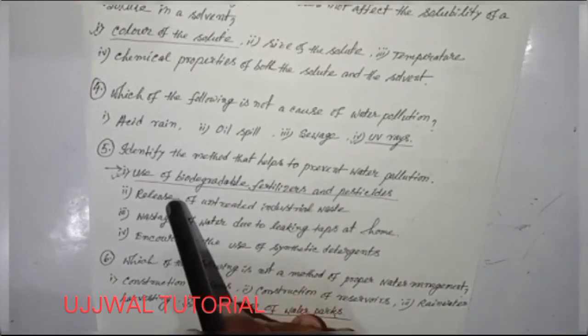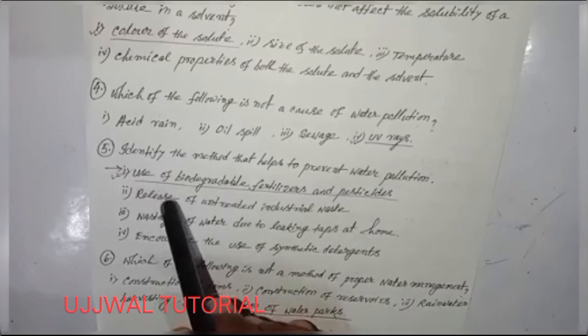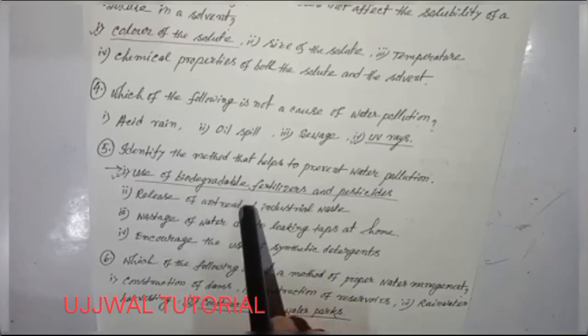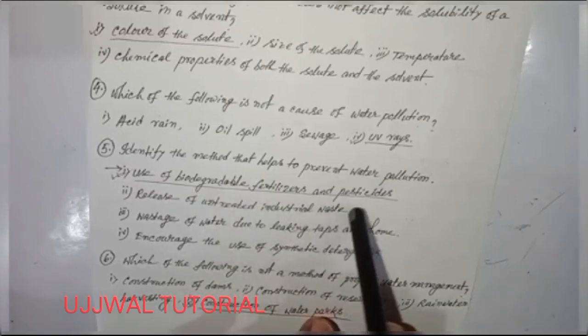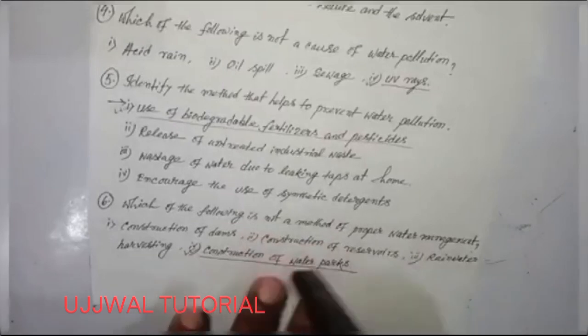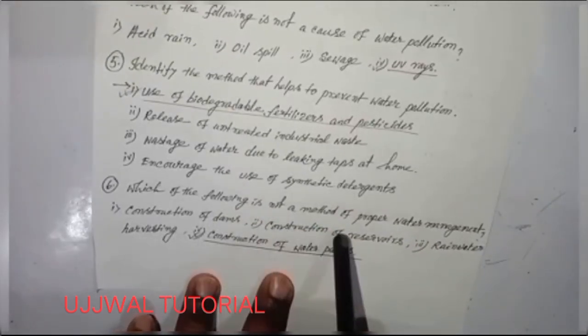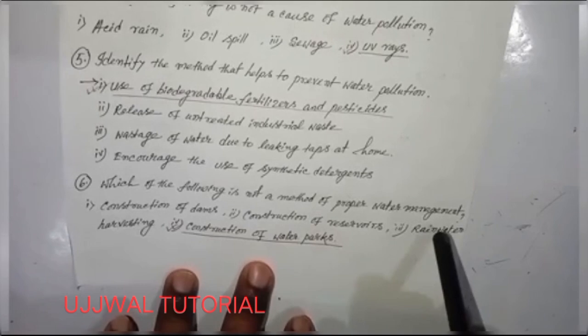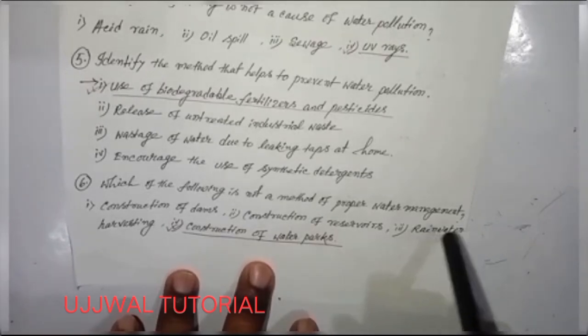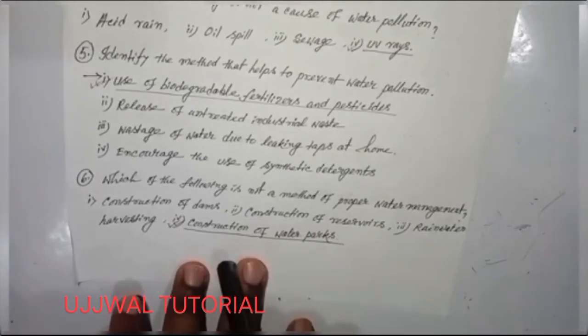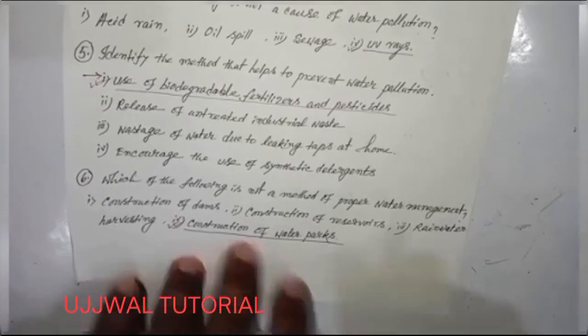The right answer is the use of biodegradable fertilizers and pesticides. Which of the following is not a method of proper water management? The construction of a water park.